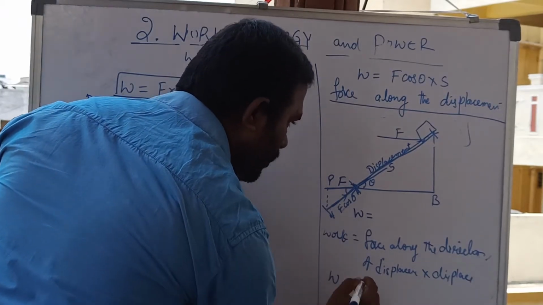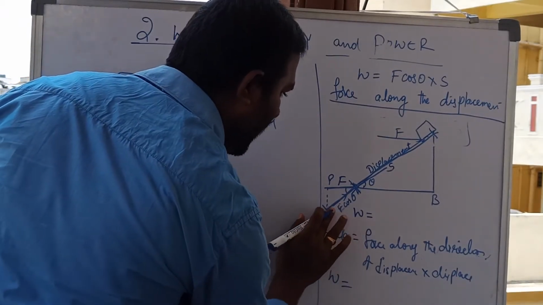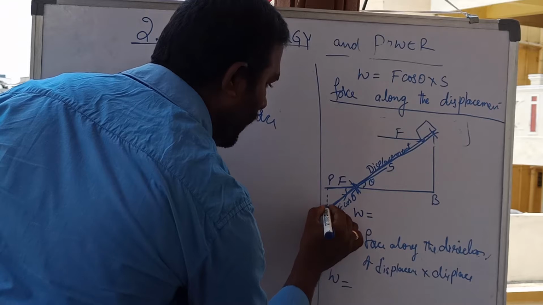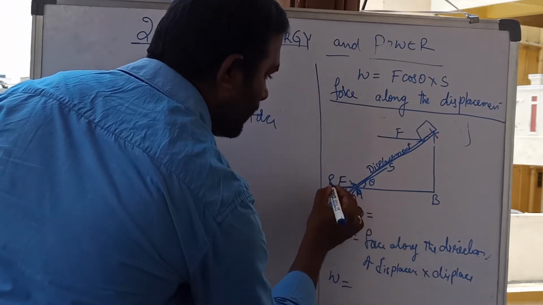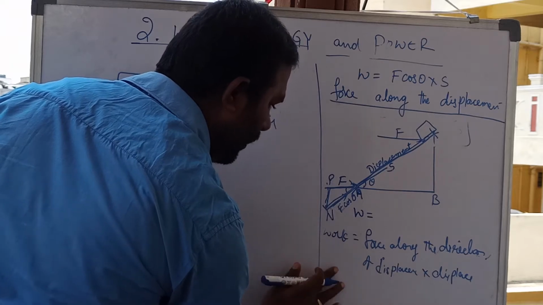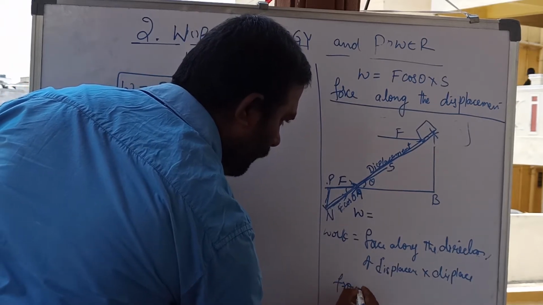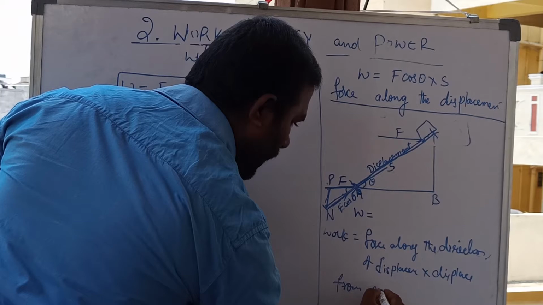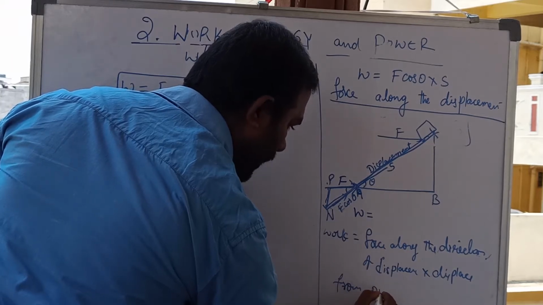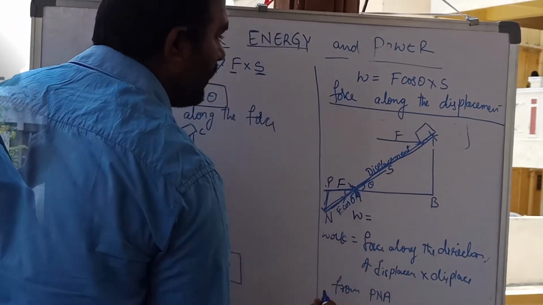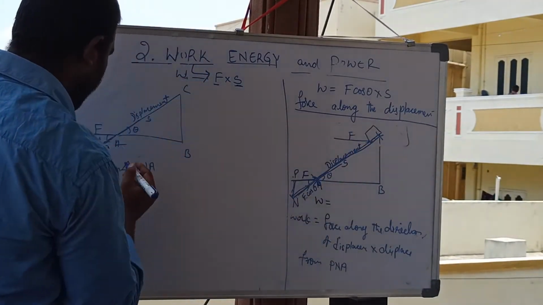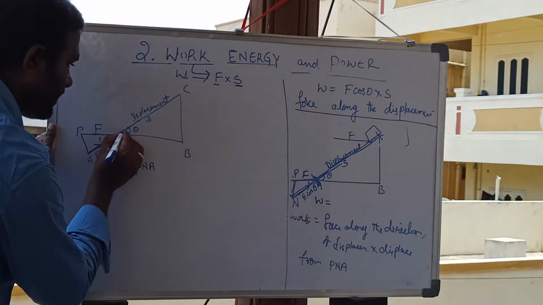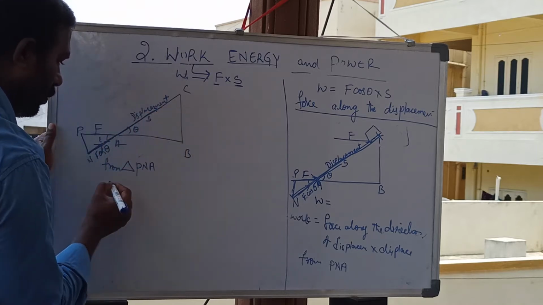Here I am taking it as N. This is a right angle triangle, with A and P. From triangle PNA, we are doing force along the displacement. How to express this?